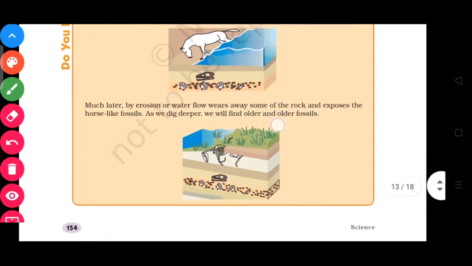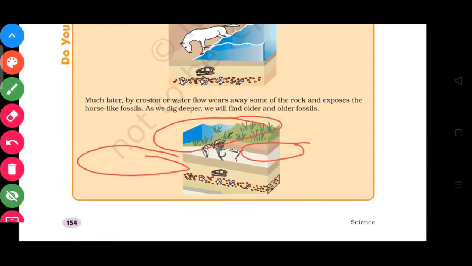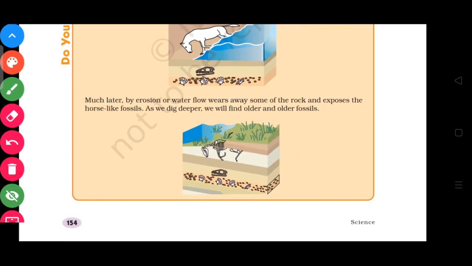Now you can see the fossils are stored layer by layer. First layer is the fossils of small aquatic organisms. Second layer is the fossils of dinosaur like creatures. Then third layer is the fossils of horse like creatures.